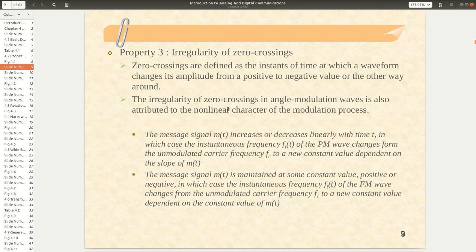The other property is the irregularity of the zero crossing. Zero crossing means where the amplitude changes from positive to negative, or the other way. There is irregularity because of the non-linearity characteristic. You don't know when it will cross the zero.